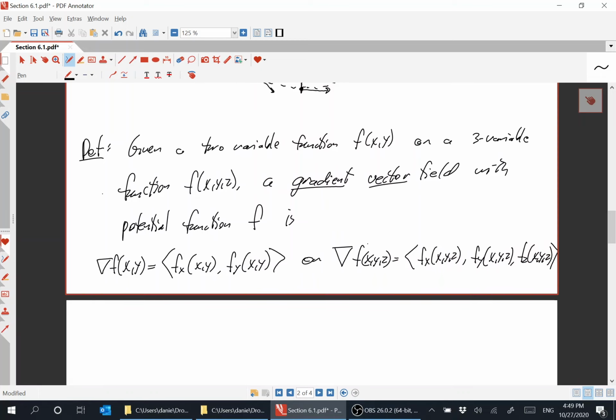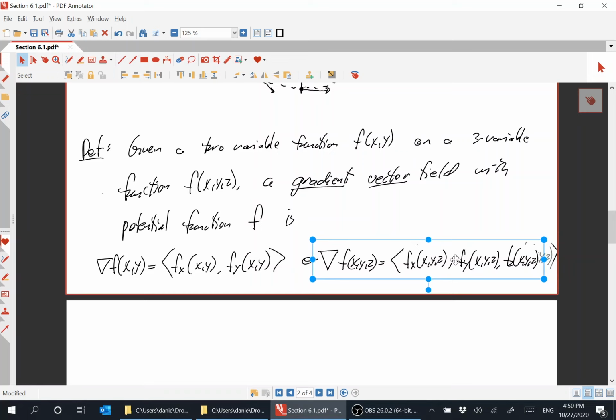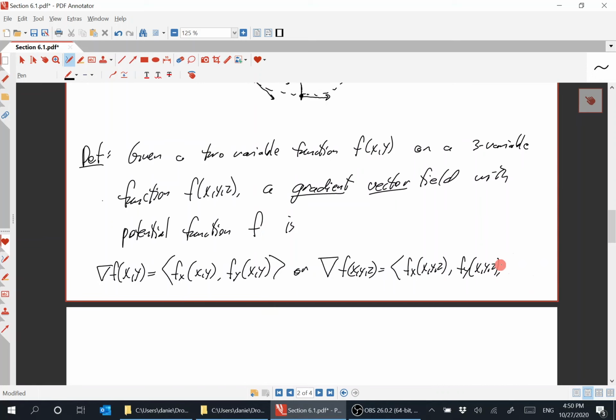And remember that the gradient vector field represents the gradient vector of that function at any given point, and that's always perpendicular to the level curves of the function itself.